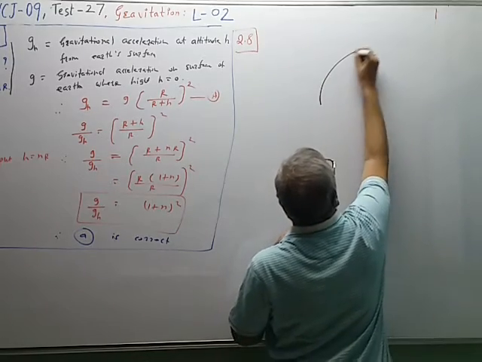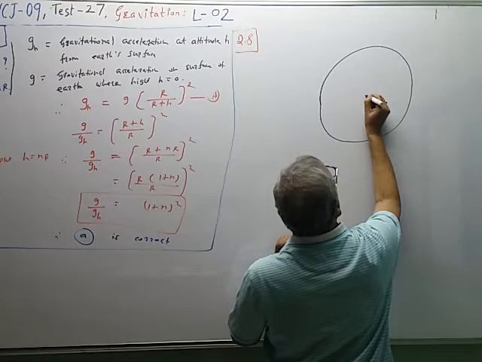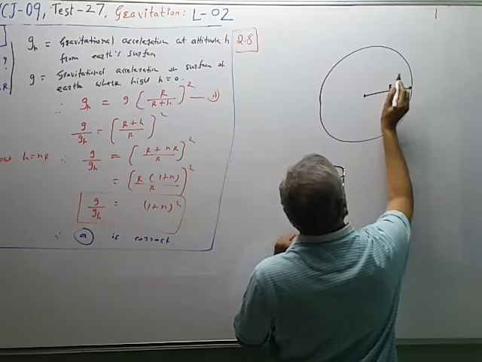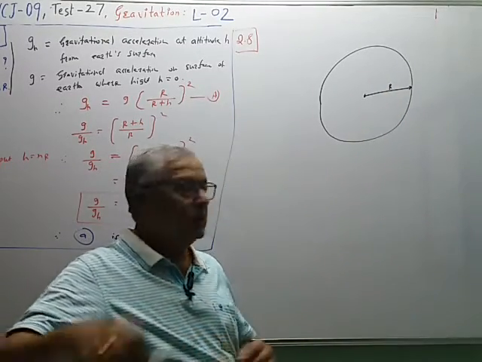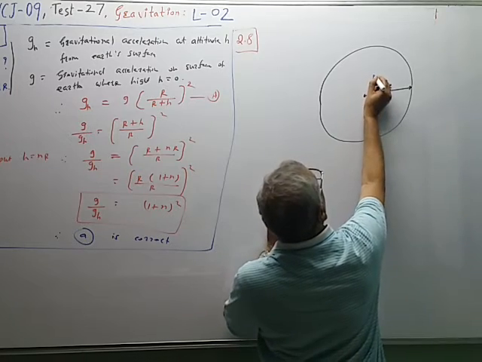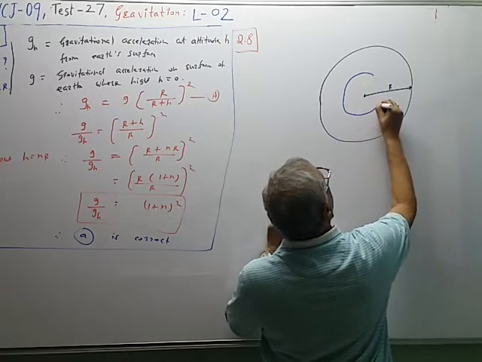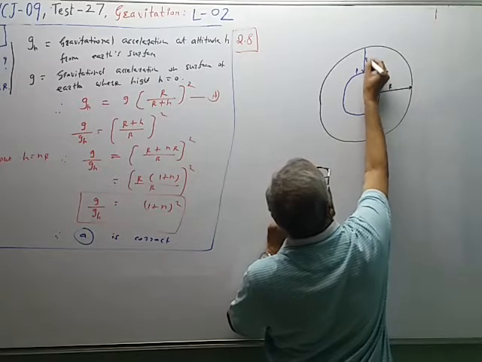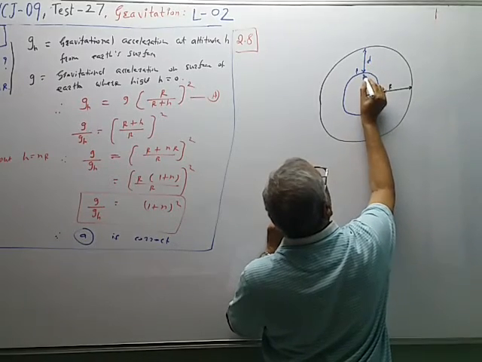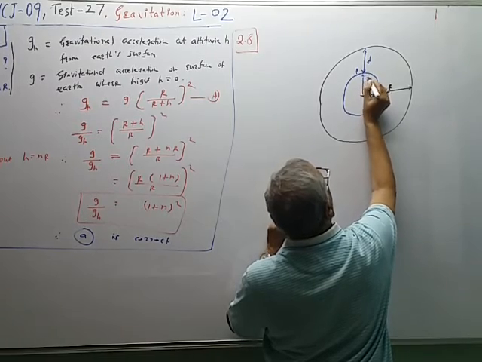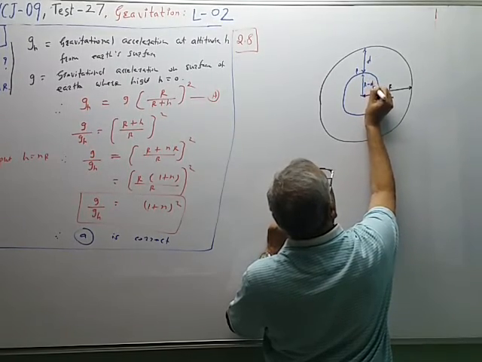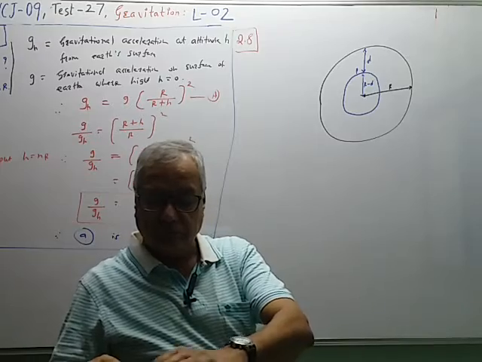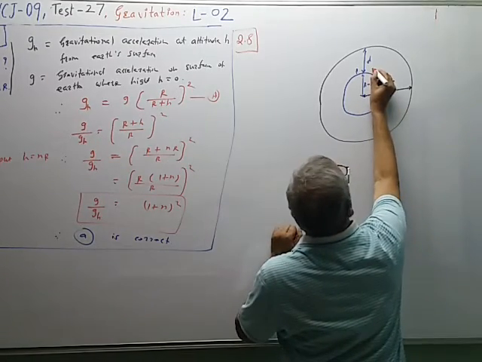This is the earth with radius capital R. So this is the point P at depth D. So this is R minus D. At this point, the value of gravitational acceleration is gd.